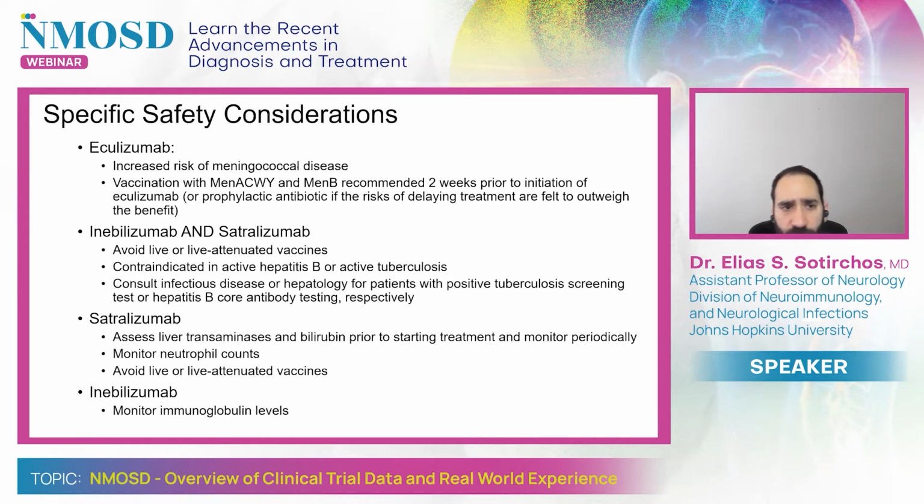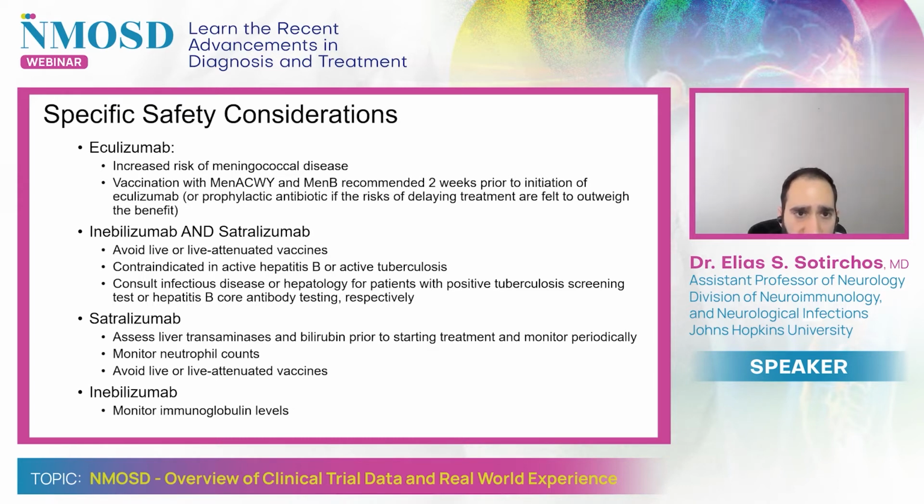There are specific safety considerations that must be taken into account for these medications. Eculizumab, given that it acts on the terminal complement pathway, is associated with an increased risk of meningococcal disease. While in the clinical trials in neuromyelitis optica no cases were observed, it is important to remain vigilant regarding this potential complication, which can be quite severe.